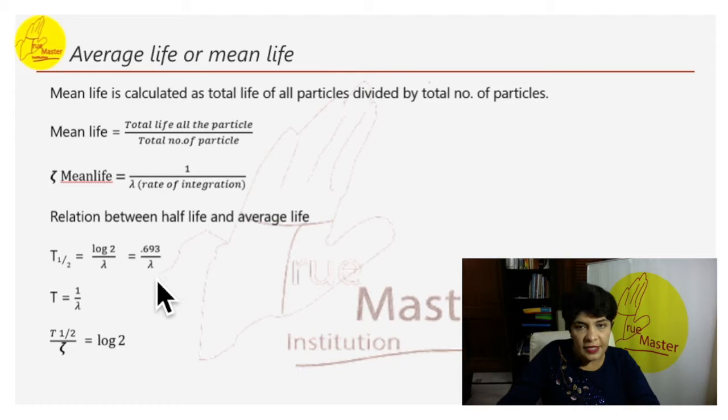And the mean life tau equals 1 by lambda. Once we equate these two equations, we get T half by tau equals log 2. So this is the relation between the average life and the half-life.